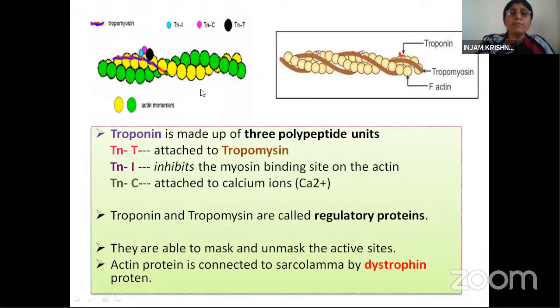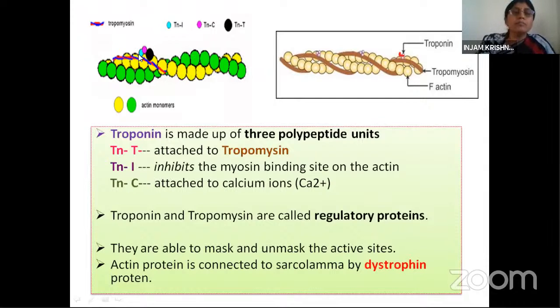Each one has some special characteristics. The F-actin has active sites, which are the binding sites for the head of myosin. Those sites are masked by TNI, which inhibits.